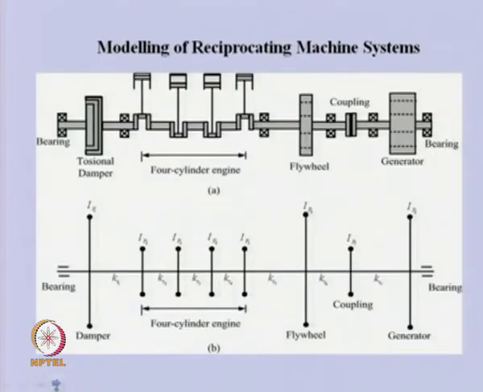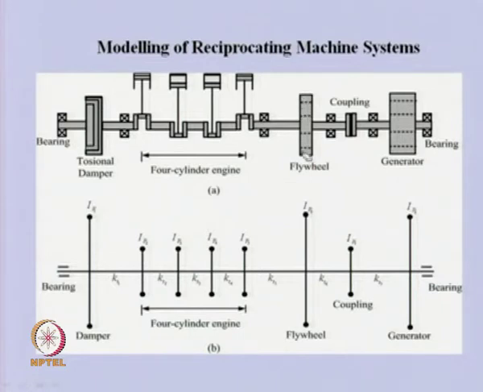So, in this particular case we can have, let us say, a 4 cylinder engine. So, these are the 4 reciprocating engines, and apart from this we will have other accessories like some kind of torsional damper or a flywheel, because the fluctuation of energy takes place as the firing orders of the engines are different.